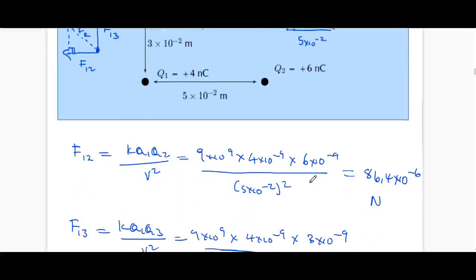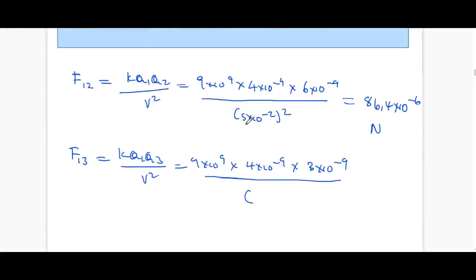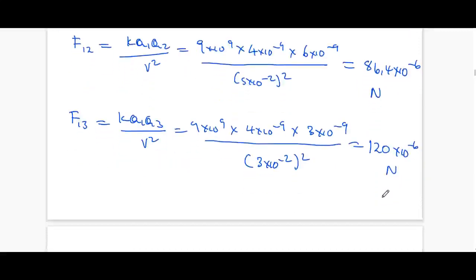It is 3 times 10 to the power minus 2, all squared. Okay, so here I have 120 times 10 to the power minus 6 newtons.